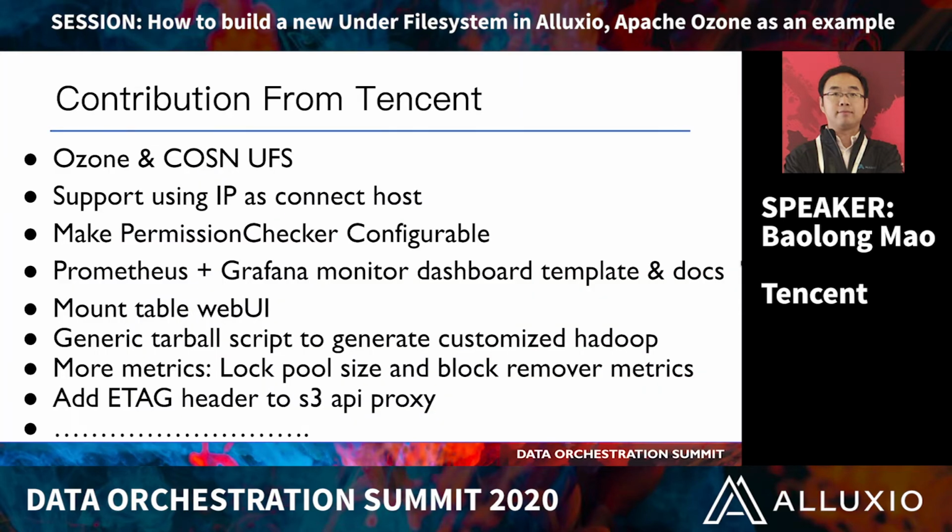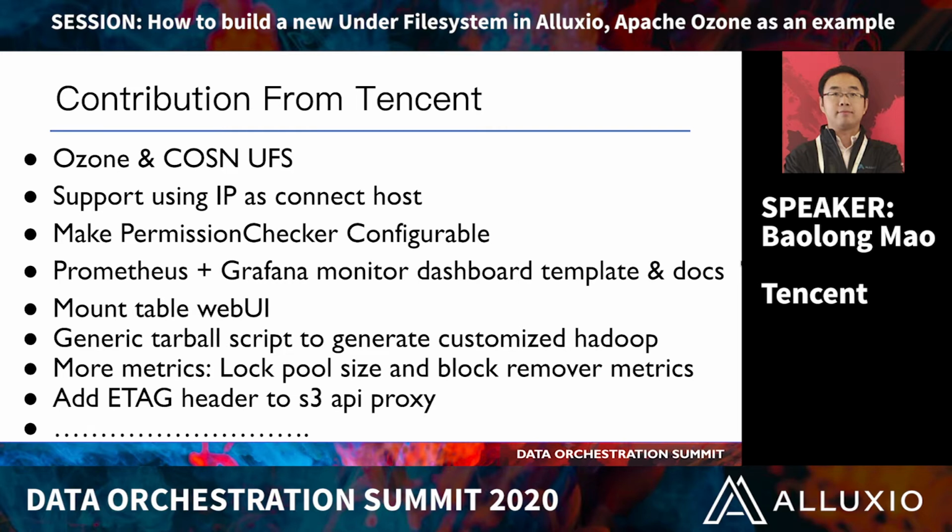Recently, we pushed Ozone and COS UFS into the Alluxio repository to make it possible to access Ozone and COS through Alluxio. Another important feature is that we pushed a new commit so that it can support using IP as the connect host.